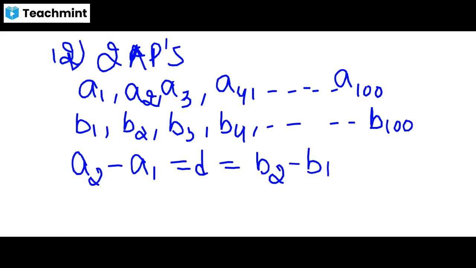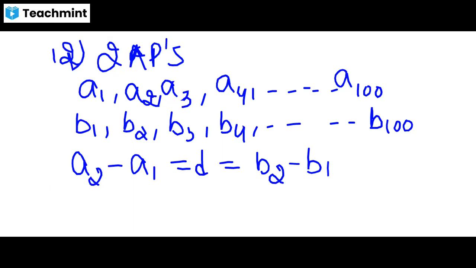Now, what is given in that question? The difference between their 100th terms is 100. Now, what is the 100th term in the first AP? A100, very good. What is the 100th term in the second AP?